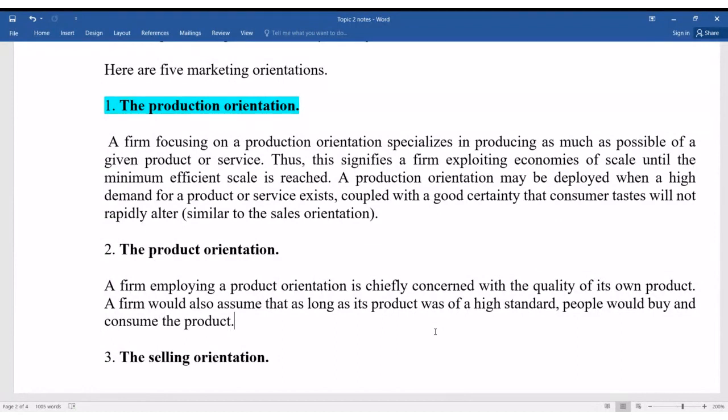That is, the needs of the producer are focused on or given much weight or much consideration, and customers' needs are ignored, because in many cases you find that what is quality to one person may not be quality to another. So it's a subjective matter.